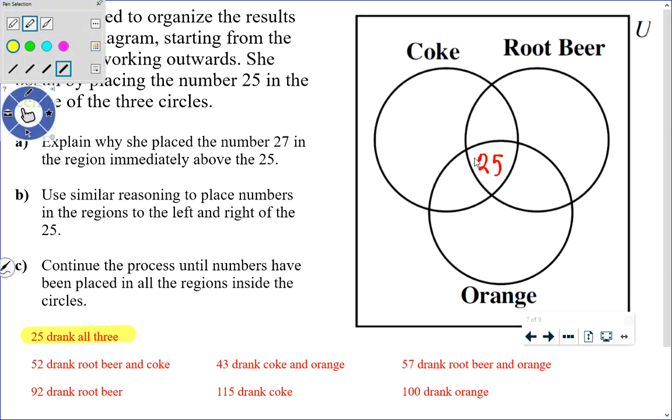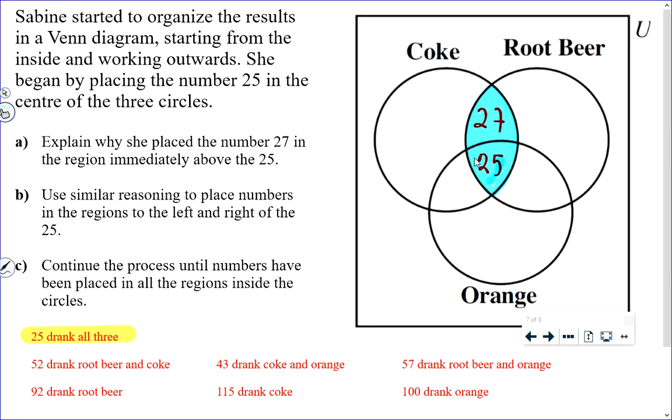Why would you write 27 here? The reason is the following. This region is the intersection of Coke and root beer. And down here, you're told 52 drank root beer and Coke.